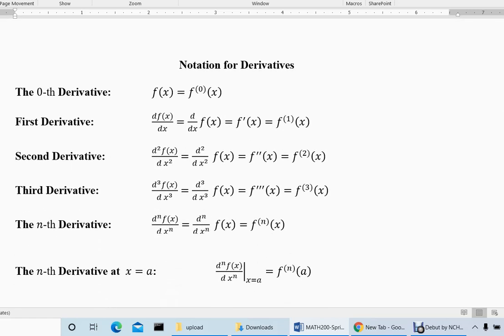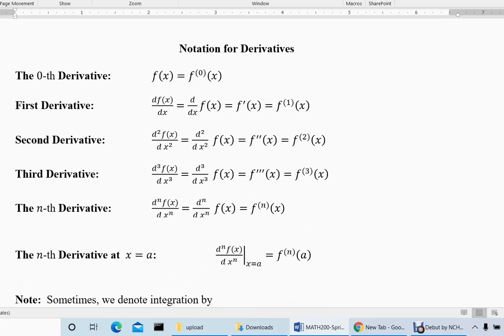Now what's the notation for derivatives? The zeroth derivative you write f with 0 in brackets. You write it in the place of a power, but this is not a power. We write it in a bracket to distinguish it from the power. The first derivative will be f bracket 1. The second derivative will be f bracket 2.